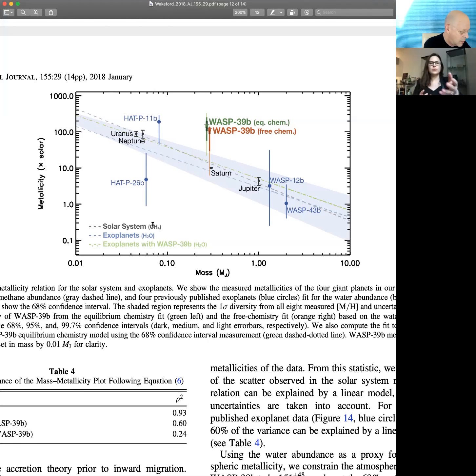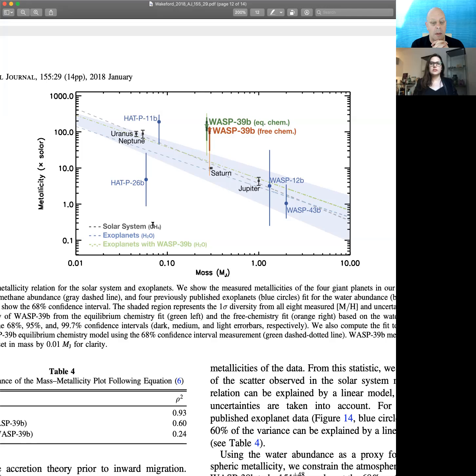And on there, you're also seeing a number of data points from other exoplanets. But this WASP-39 measurement that we made here is just so far off that line that it puts into question the formation scenarios.